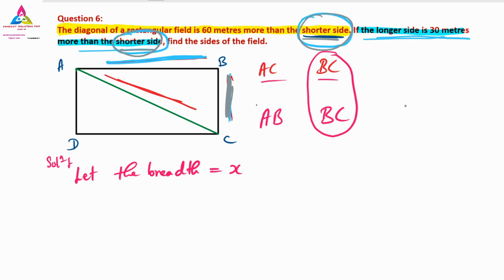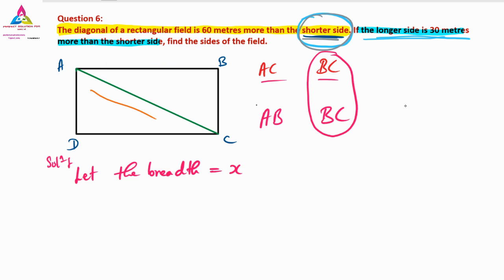Because here we don't have only length and breadth; we have a third one also, the diagonal. With three things we can't use x, y, z because it's a quadratic equation, so we keep only x. For that purpose I stress again and again, first we have to read the statement.